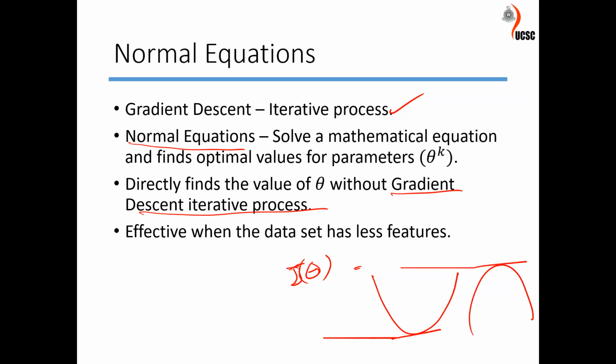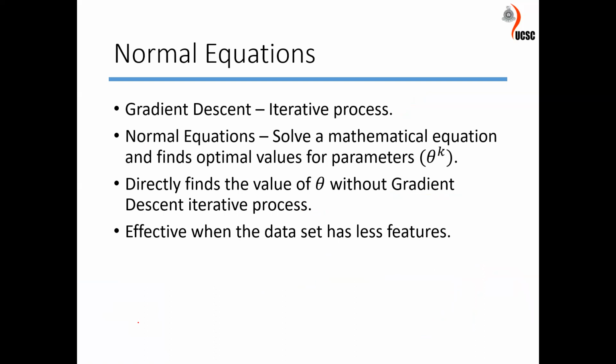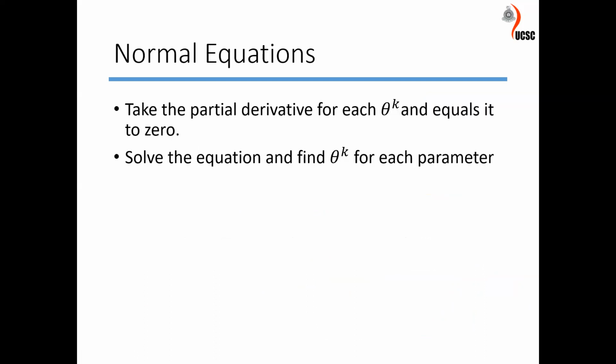So if your features are few, you can simply do the derivation and find the place where it gives the minimum value. To do that, you have to get the partial derivatives because you have d plus one number of thetas, right?